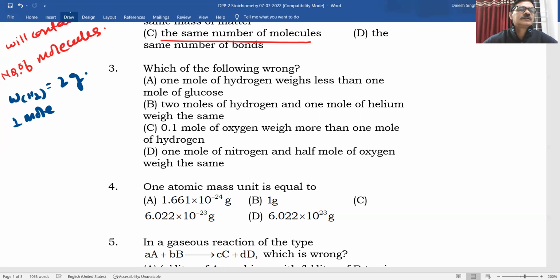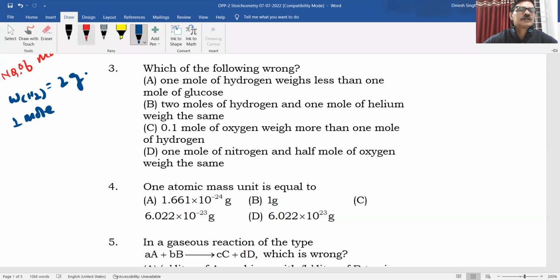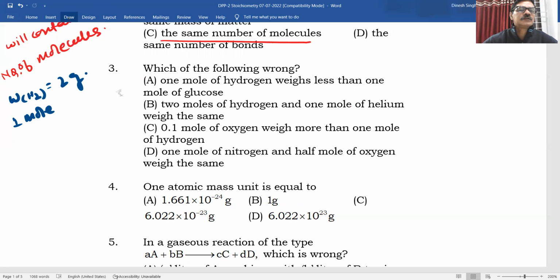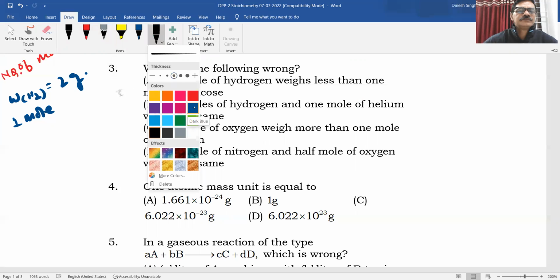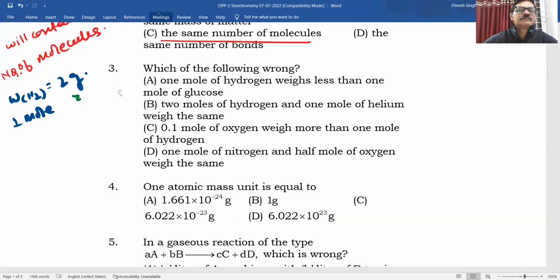2 gram. Okay. So here we can see now, 1 mole of glucose, that is the weight of glucose.